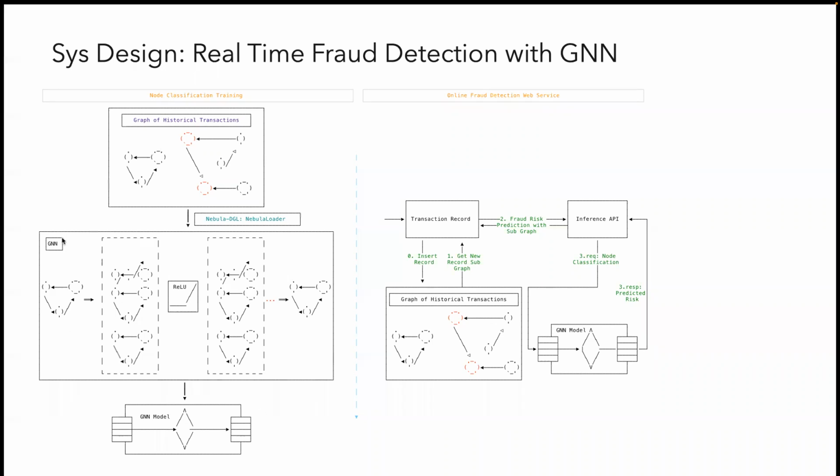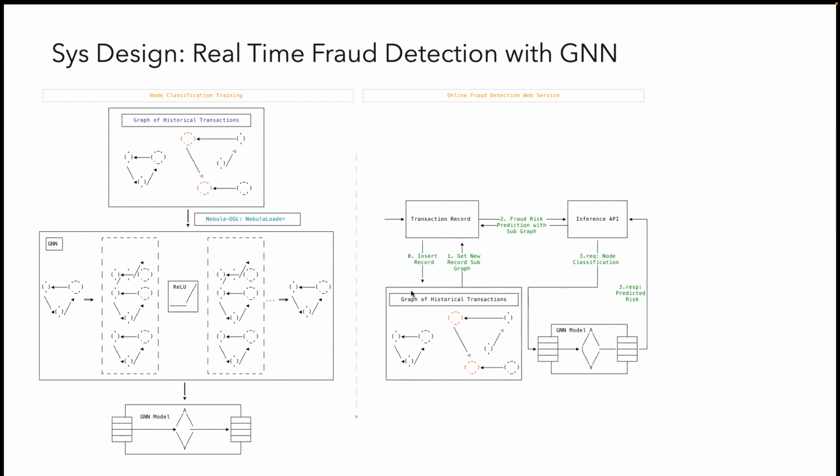We train the model offline in GNN. The model helps us infer which node has a higher possibility of being risky. In the real-time case, we have a transaction coming into our system.